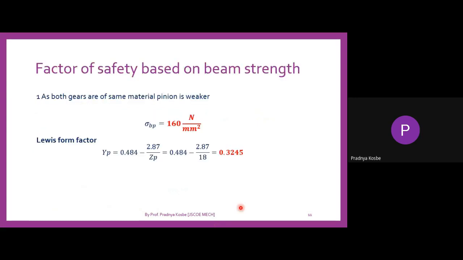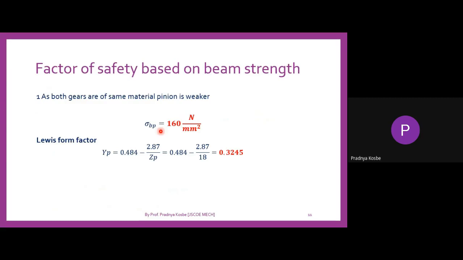Now we know F effective. Now we can calculate factor of safety based on beam strength, right? So as both the gears are of the same material, obviously which is the weaker member? Pinion will be the weaker member. Correct? So pinion is the weaker.